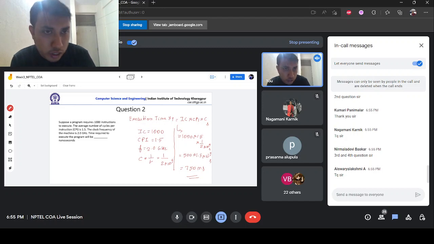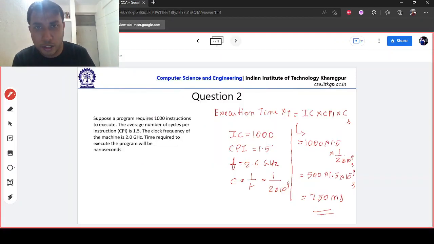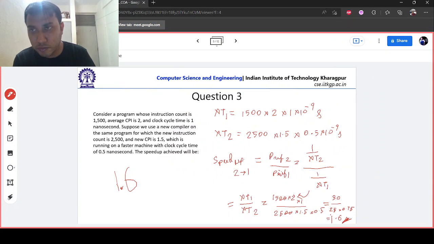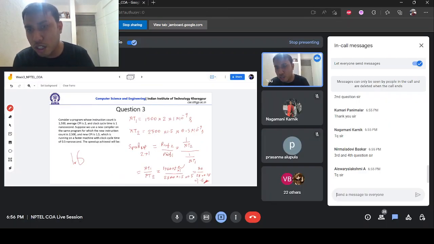Okay, so questions 3 and 4. I will repeat questions 3 and 4. The question is, what is the speedup that can be achieved? You have a program whose instruction count is 1500, CPI is 2, and clock cycle is 1 nanosecond.